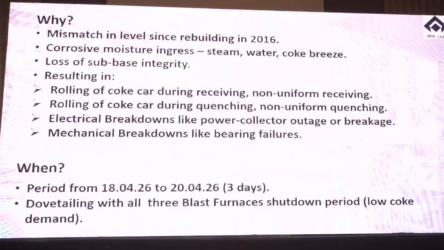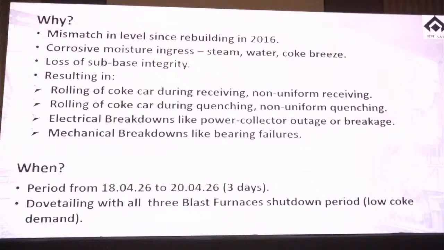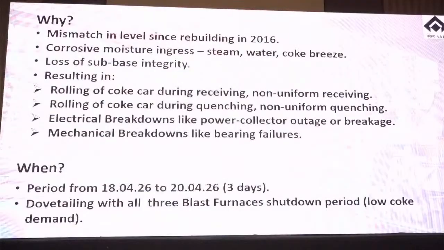Why we had to do this repair is that this battery was rebuilt in 2016. It's a 10-year-old battery. Right from the start, there was some mismatch in the alignment, and it resulted in the coke car sometimes rolling in that region.